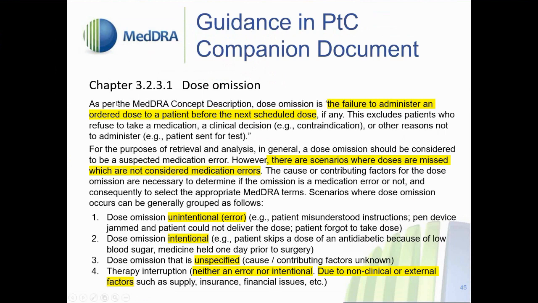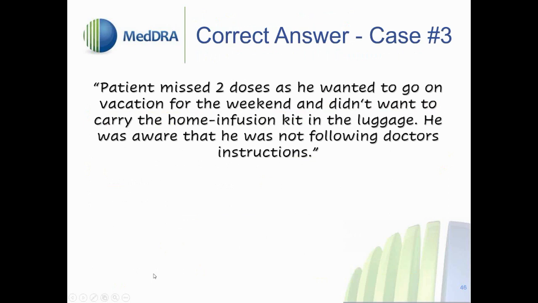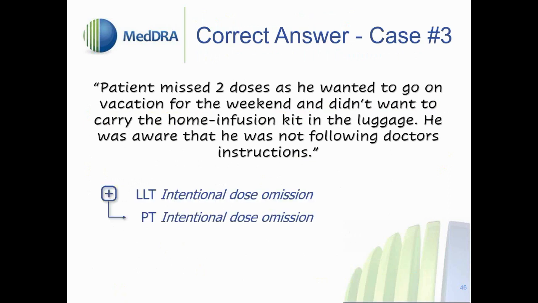So this is really important to remember: how to classify dose omissions and when to use LLTs under PT therapy interrupted. With this, I would propose to code this incident to intentional dose omission.